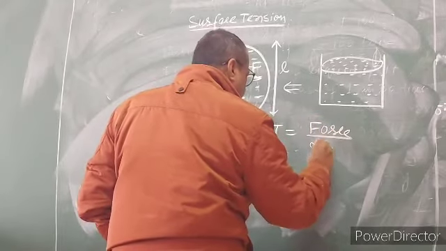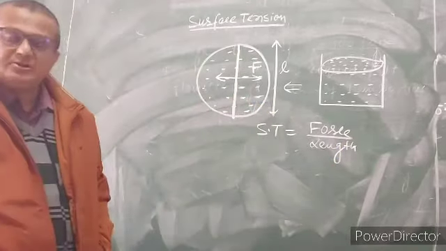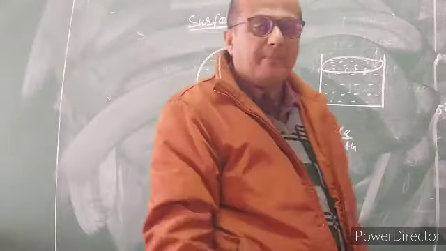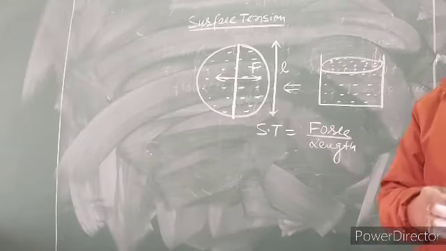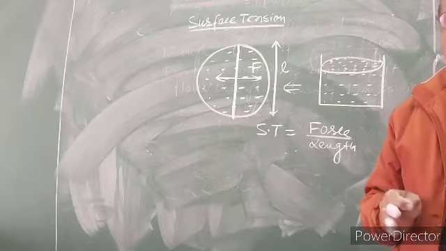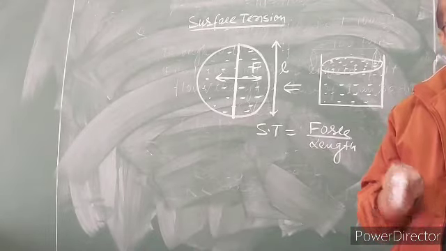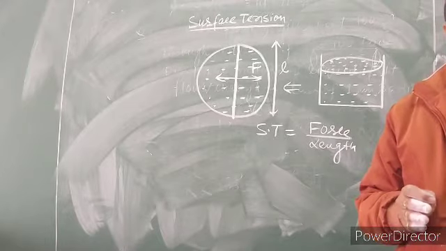This force always tries to minimize the area of the upper membrane, and this nature of the liquid is called surface tension.